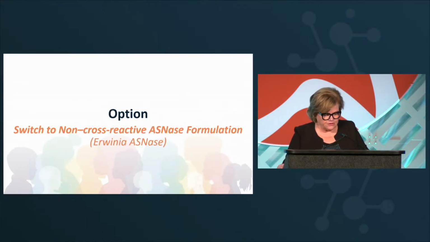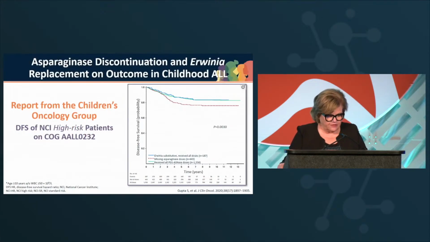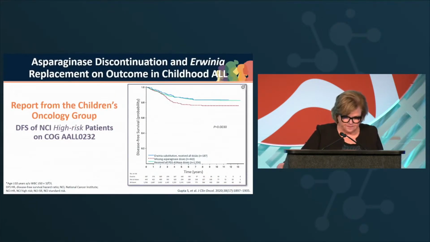So option: switch to non-cross-reactive asparaginase formula, the Erwinia. Here is a report from COG, where they looked at high-risk patients where PEG asparaginase was discontinued and Erwinia replacement was given, and the outcome of childhood ALL.